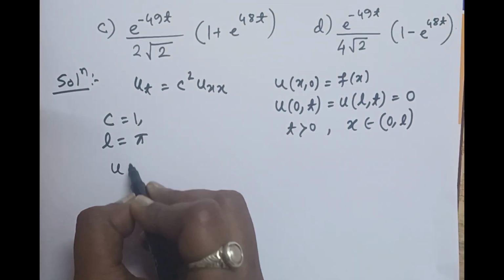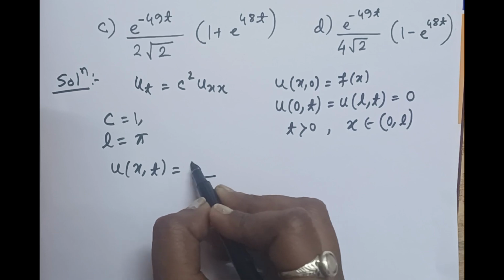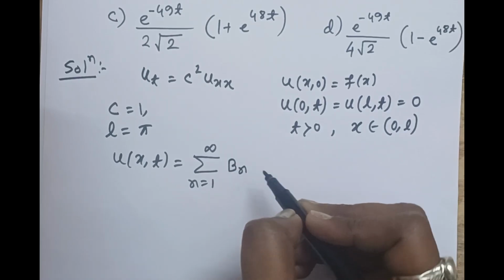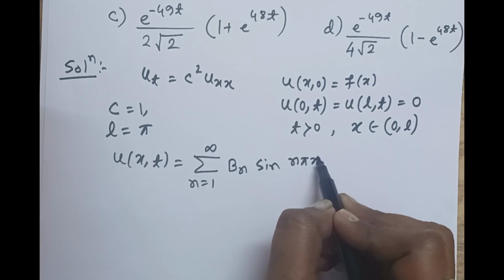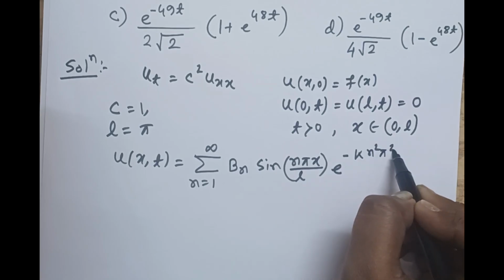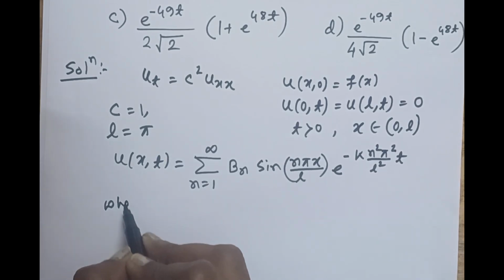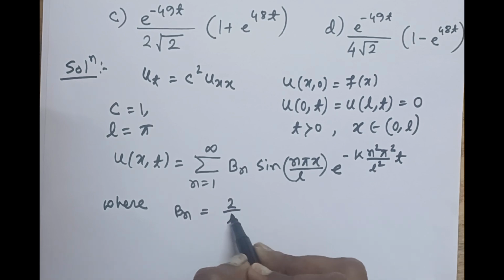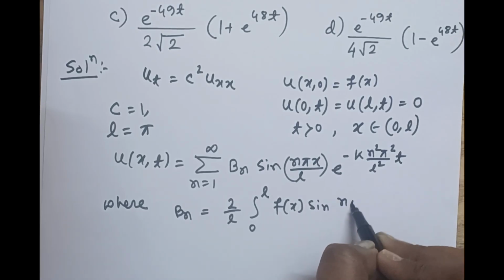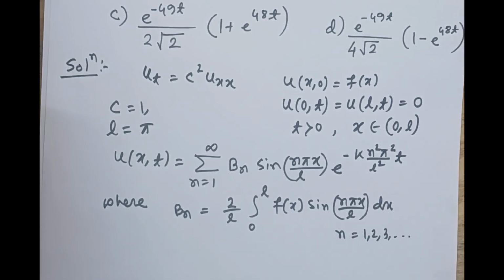So for the standard heat equation where c equal to 1 and l equal to pi, we can write the solution u(x,t) equals summation n equals 1 to infinity bn sin(n pi x by l) with e power minus c square n square pi square by l square multiplied with t, where bn equals 2 by l integration 0 to l f(x) sin(n pi x by l) dx for n equals 1, 2, 3 and so on.